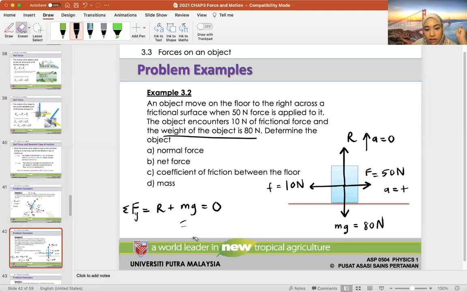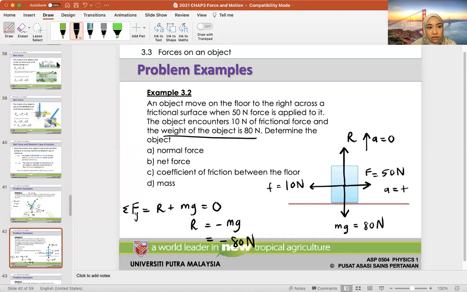So now I can say, oh, if this guy is a 0, then mg is equal and opposite to R by Newton's third law. So R is equal to minus mg, meaning to say it has the same magnitude but in opposite direction. We know what mg is. Mg is 80, therefore reaction is 80 Newton. But in this case, it looks off sebab reaction kita ke atas, mg kita ke bawah.